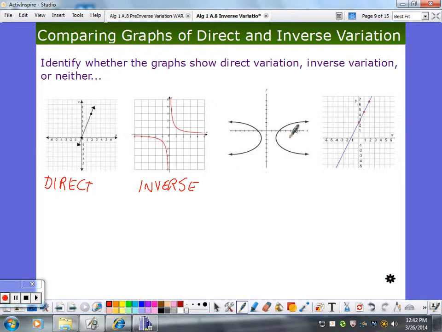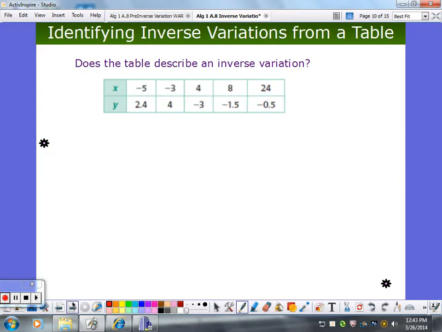Neither. Well, it looks like a hyperbola, so why isn't this inverse? I'm not allowed to cross the axis. Is this even a function? No. My inverse ones will be functions. So not good. And this one, why isn't it direct? It doesn't go through the origin. So we can just look at them and know what we're seeing.